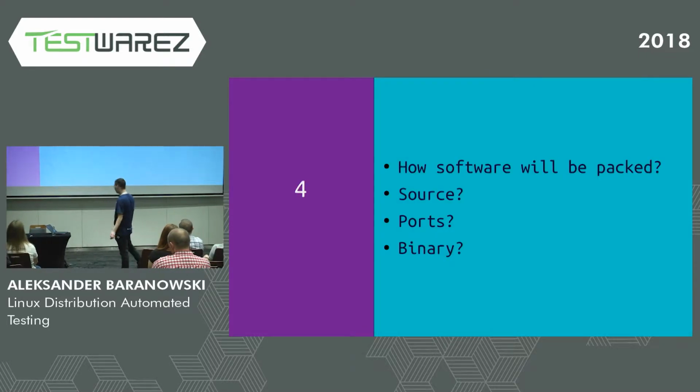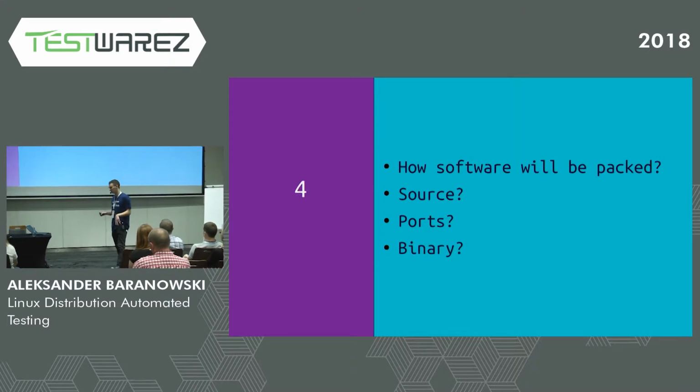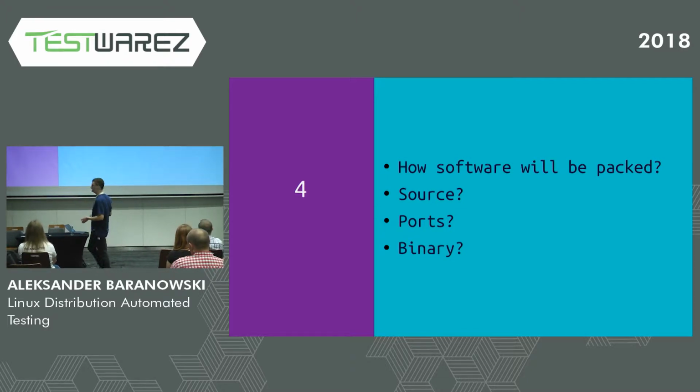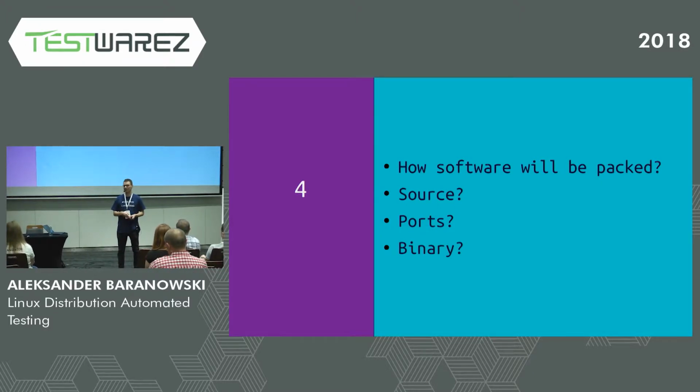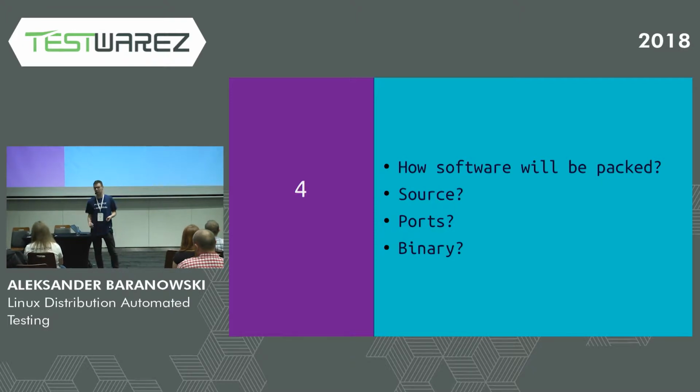Okay. And the last one is how the software will be packaged. And we have two models, source or ports, and binary. When you think about the source, it means that each time there is an update, you have to take the sources, compile them, then install. And when you have binary, someone else compiled it and you just download it and run.